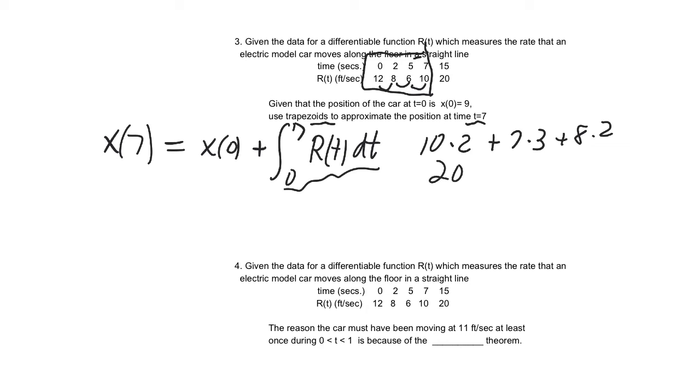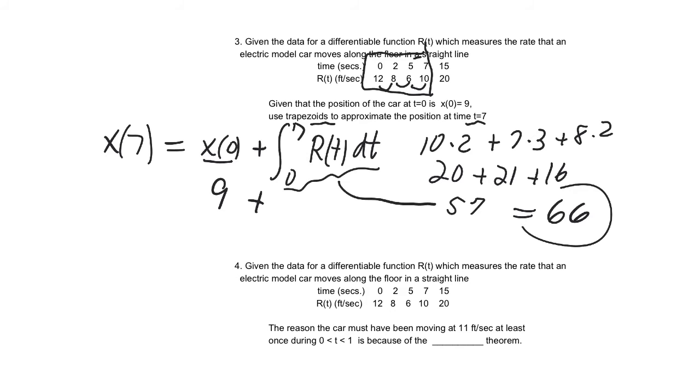So that's 20 plus 21 plus 16, which is 57. 57 is the approximation of that integral, and then you're going to add to it the position at time 0, which was 9. And so the answer, if you do this all out, would be 66 feet.